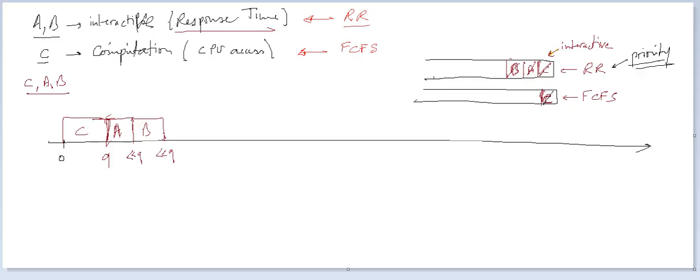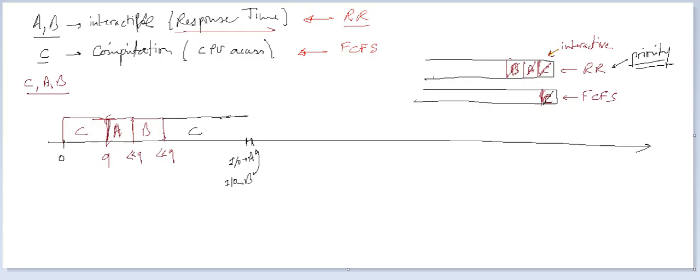So now let's say C runs, because it's the only one on the queue. C runs for a long time, and at some point A gets its input, and let's say that B gets its input too.